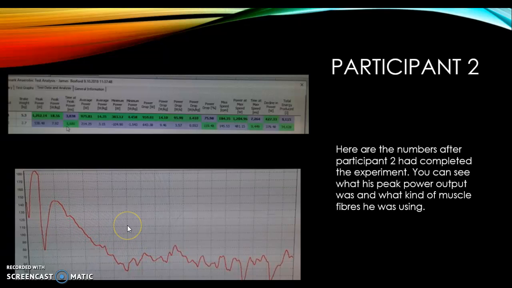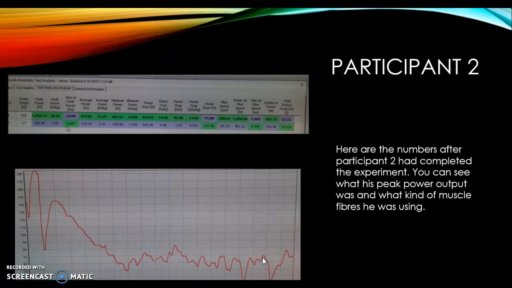This can imply that they were using their fast oxygen glycolytic muscle fibers, but also the steady line there can show that participant 2 had more slow twitch muscle fibers. And at the end, as it became physically enduring for them, they decreased again.